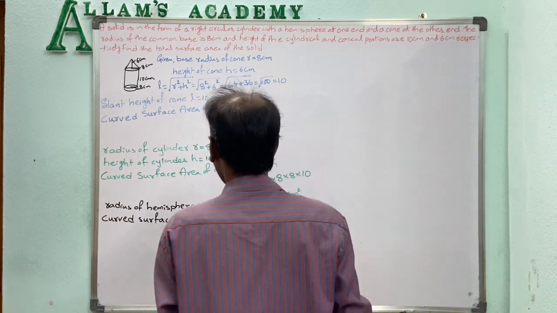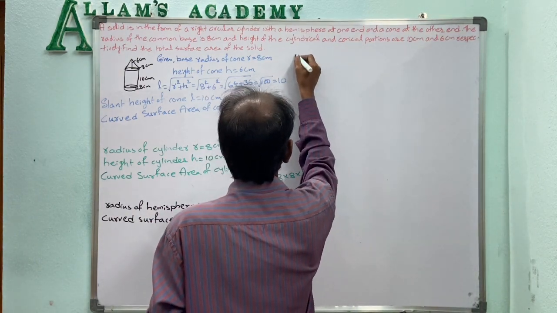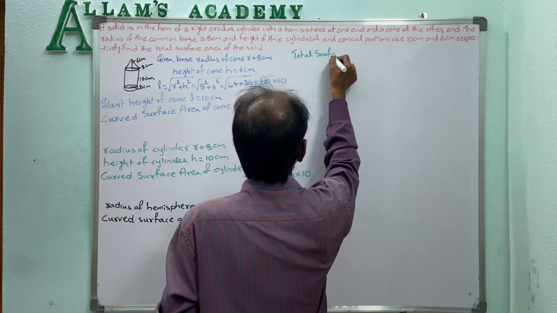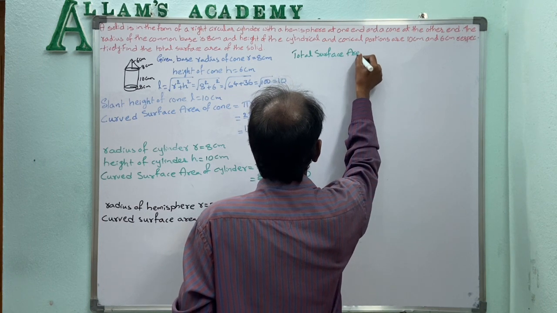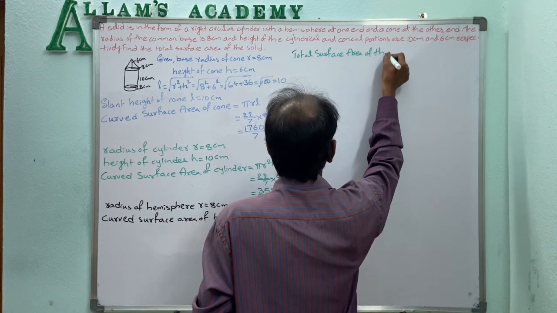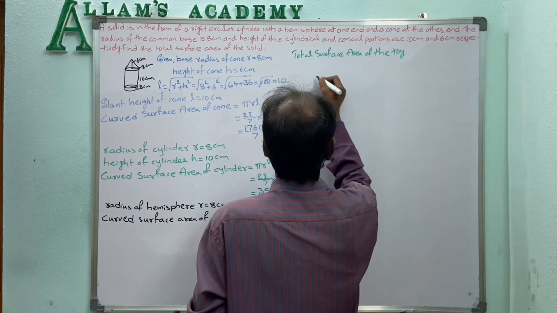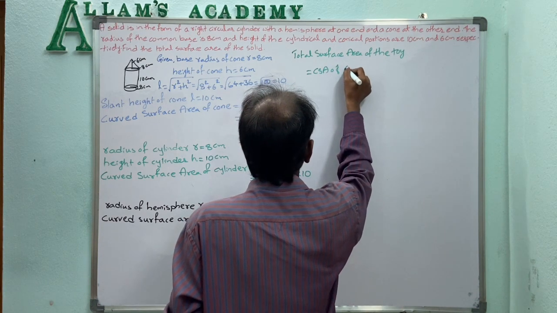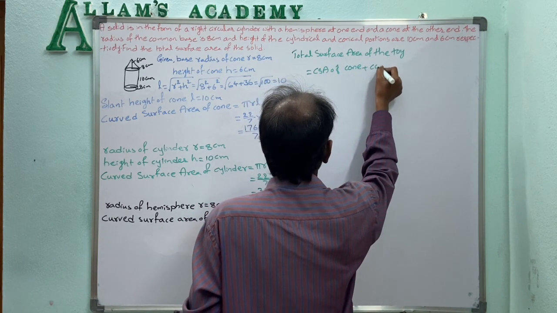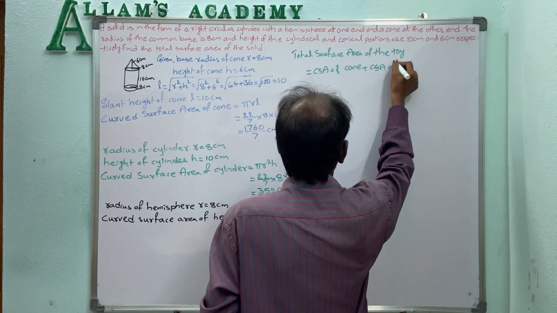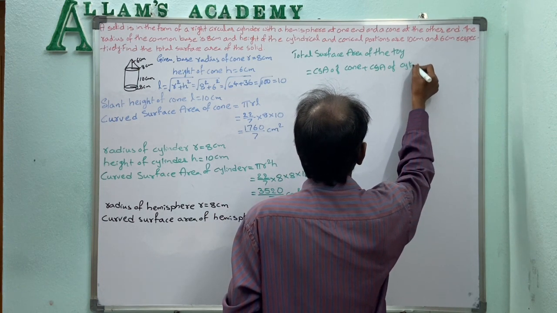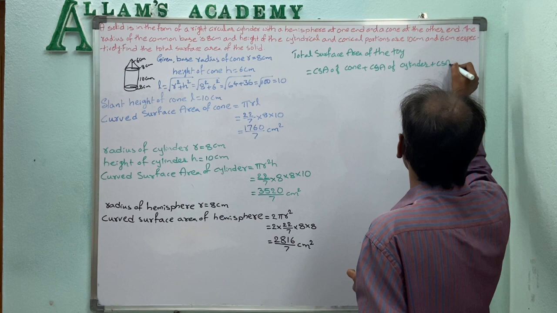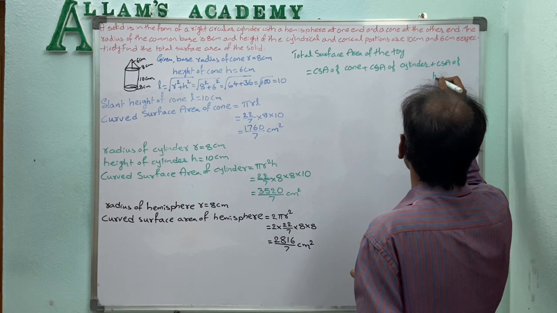So total surface area of the toy equals curved surface area of cone plus curved surface area of cylinder plus curved surface area of hemisphere.